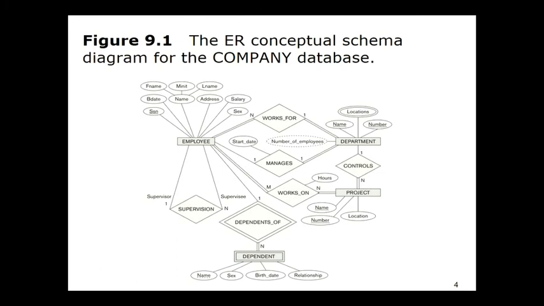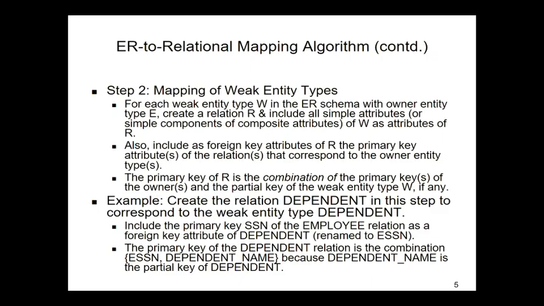So when you start looking at this, what do we know? What's our first one? They're saying look at the strong entities, and all of them are strong entities except for dependent. Okay, so step number 2 is mapping of the weak entities.